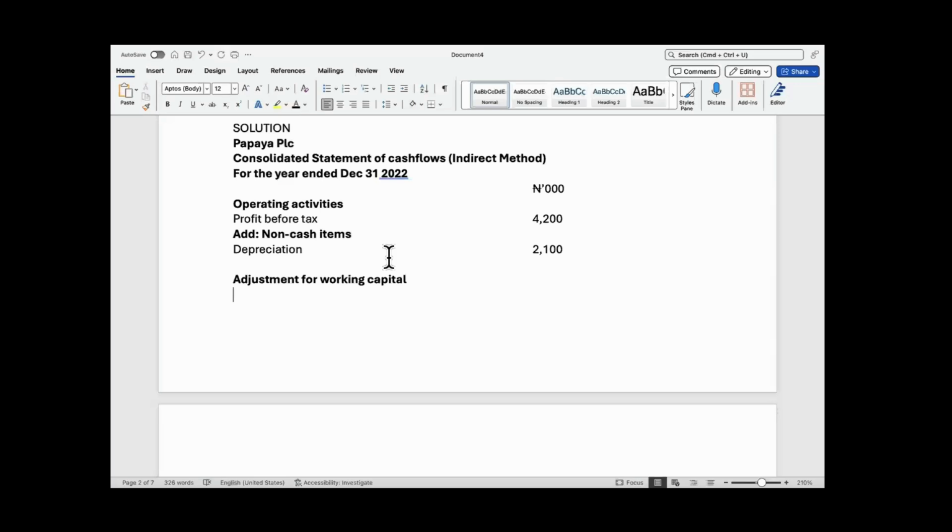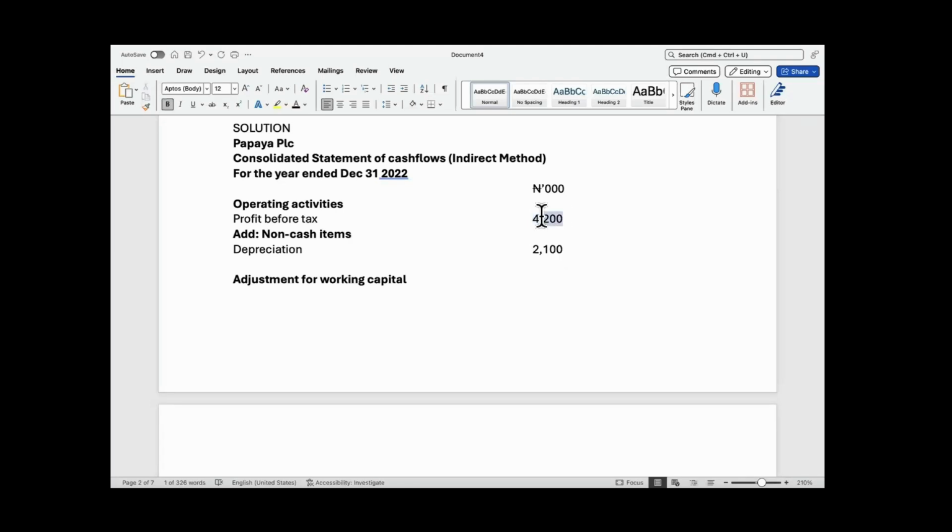The reason is that if it was gain on disposal, that will have been added before in determining these profits. They have added it before. So since we are saying this is non-cash, you should not have added it, remove it. So we deduct that. If it were a loss, it will have been deducted just the same way this depreciation was deducted in deriving these profits.